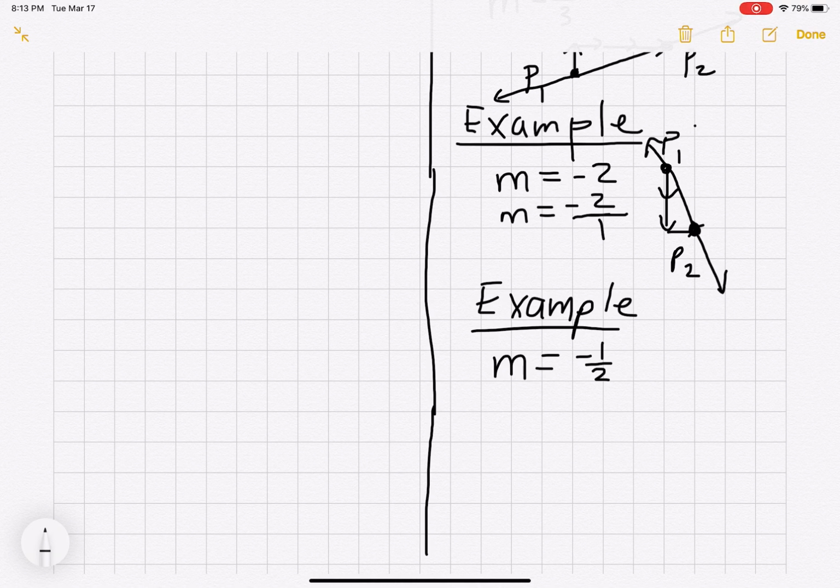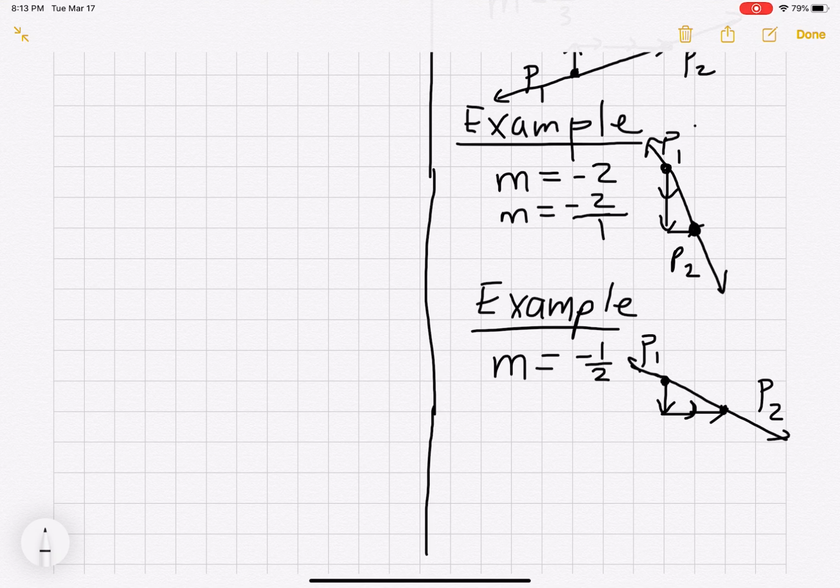So let me start off with a P1. And if the top number is -1, that tells me to rise -1, which actually means to go down 1. And then my bottom number is +2, so I'm going to run 2 to the right, run +2. So I'm going to plot a second point, P2, and I'm going to connect those dots.